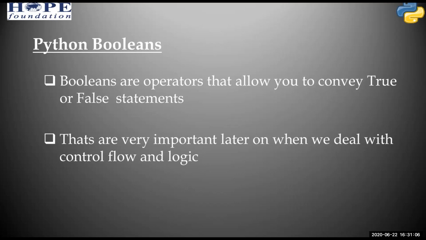I'll give one example for Boolean. We take a water level controller. If my tank is empty, I want to switch on the motor. If my tank is full, I have to switch off the motor. Here we have two options, one is on and another is off, that is true and false.